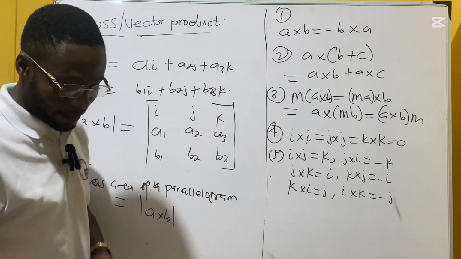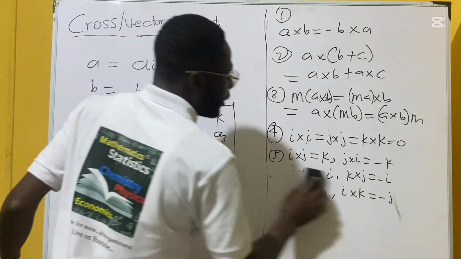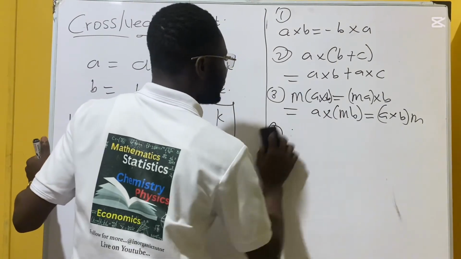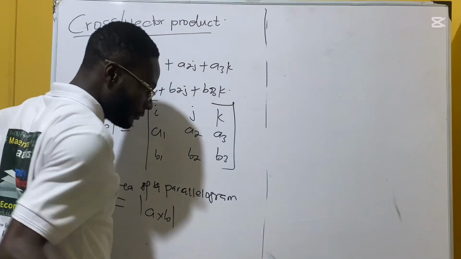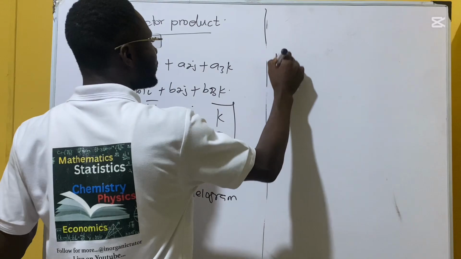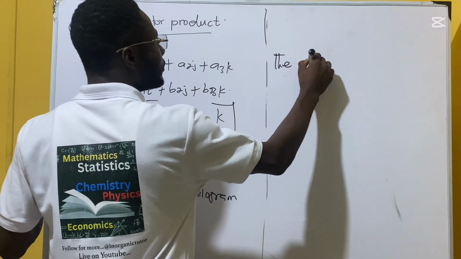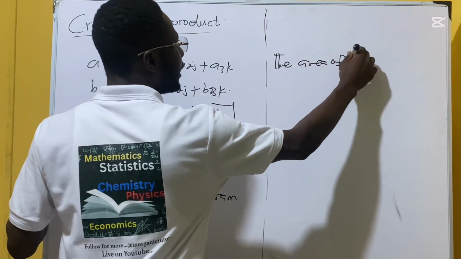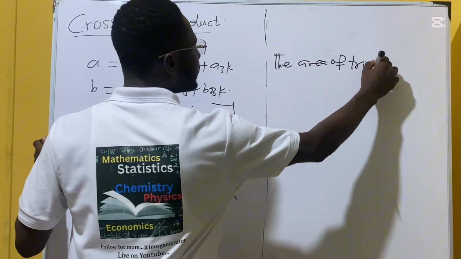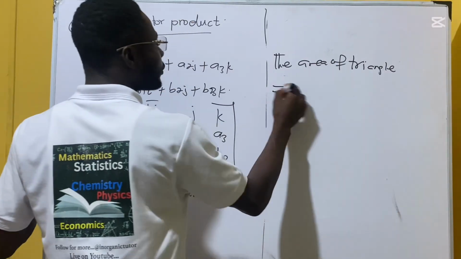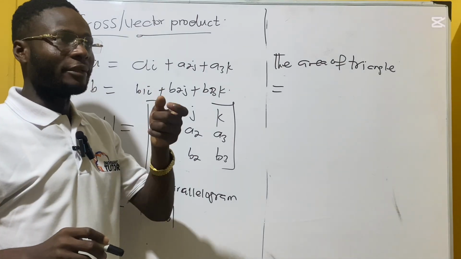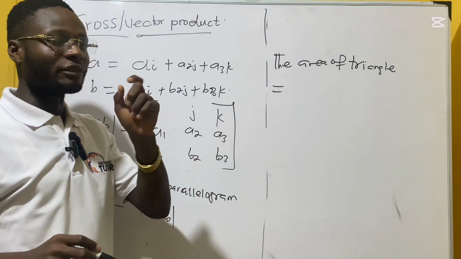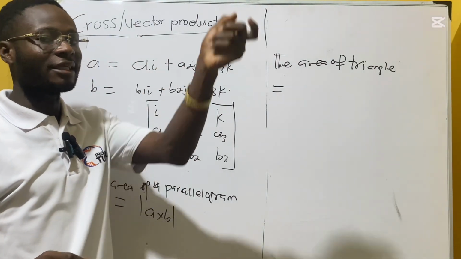And the area of a triangle, if you want to find it, is basically half of certain quantities.